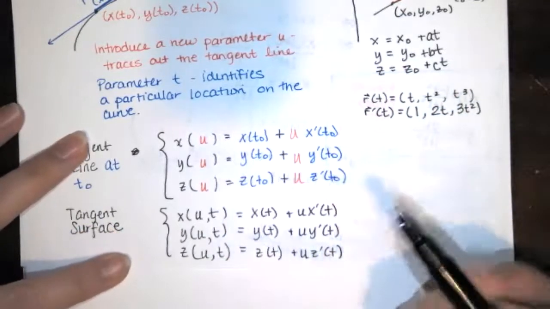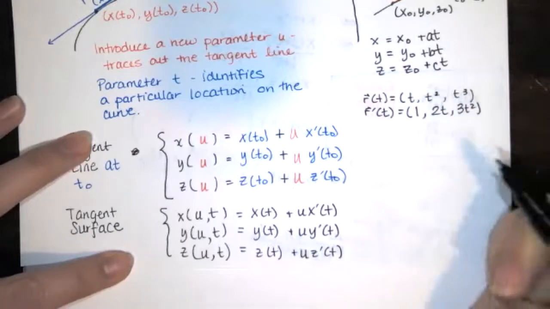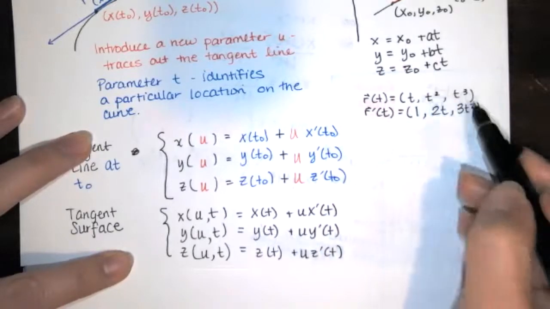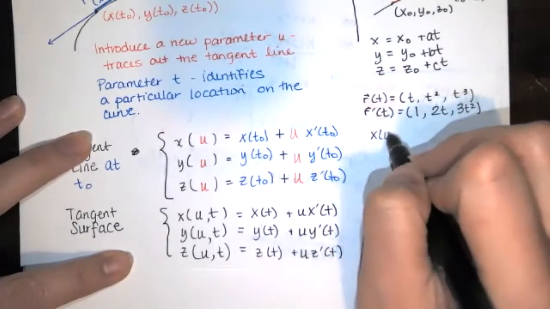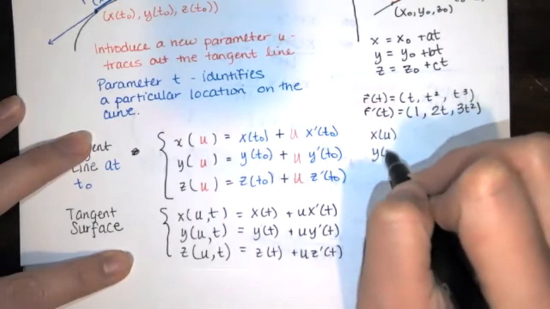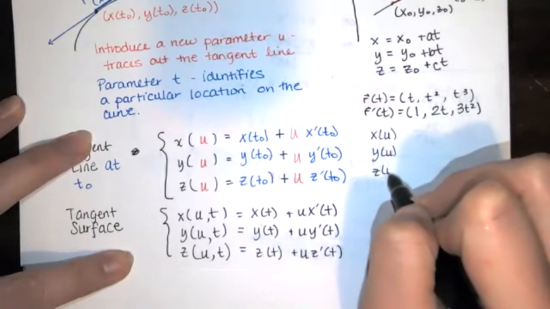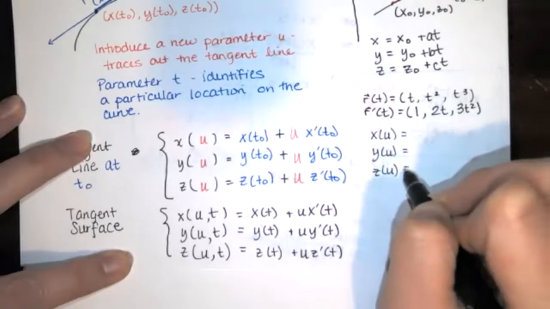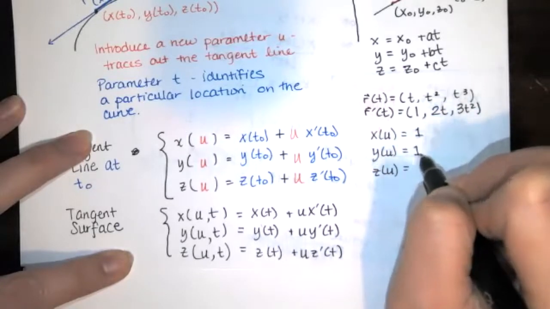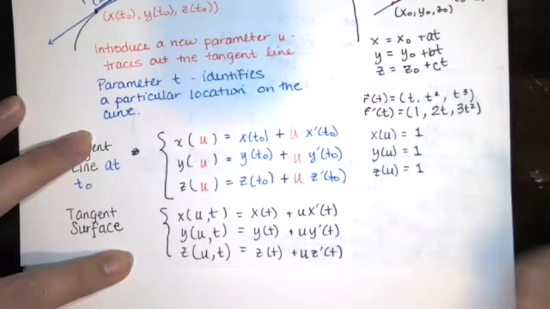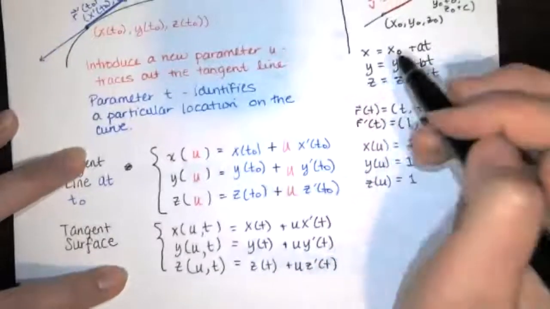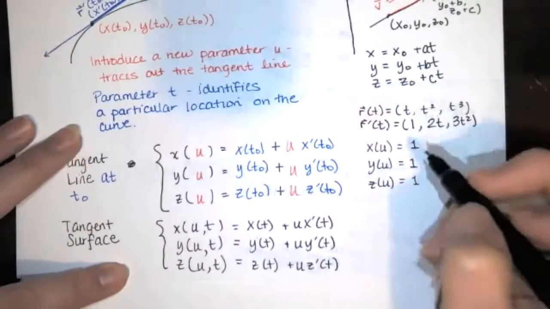Now at t equals 1, we would be at the location 1, 1, 1. So we'd have x of u, y of u, and z of u for the tangent line. Well, that tangent line would pass through the point 1, 1, 1. That's our x naught, y naught, z naught there.